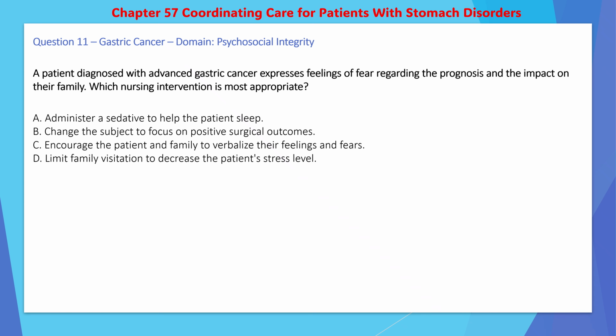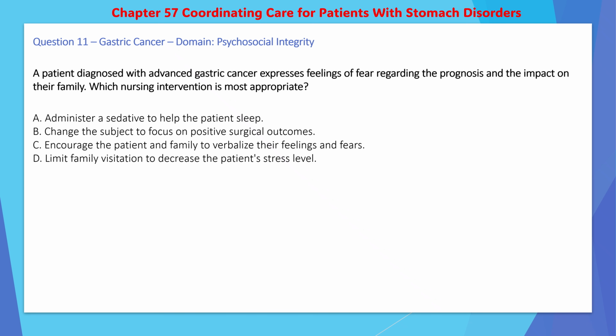Question 11. Gastric cancer, domain: psychosocial integrity. A patient diagnosed with advanced gastric cancer expresses feelings of fear regarding the prognosis and the impact on their family. Because it's psychosocial, which nursing intervention is the most appropriate?